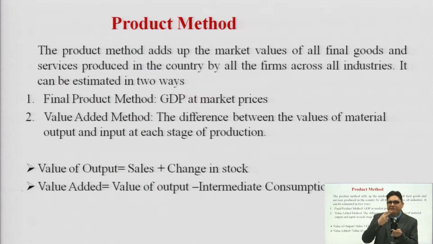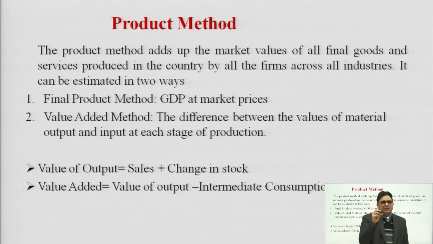For example, if at the first stage it was 1500 and at the second it is 2000, we need to take only the 500, because from 1500 to 2000, only 500 has been added. So, the value added method takes only the value addition done at the subsequent stage of production or of the supply chain management.